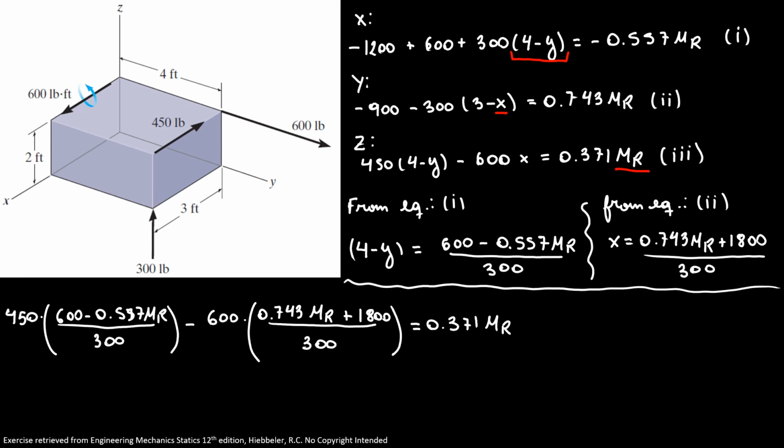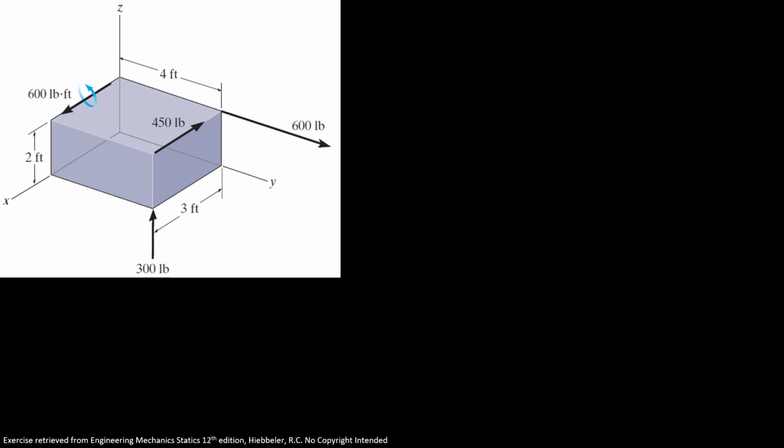So here we have the equation from which we're going to find the resultant moment. For the next slide we're going to continue with this equation that I'm going to call equation 4. So recall equation 4 from our last slide.